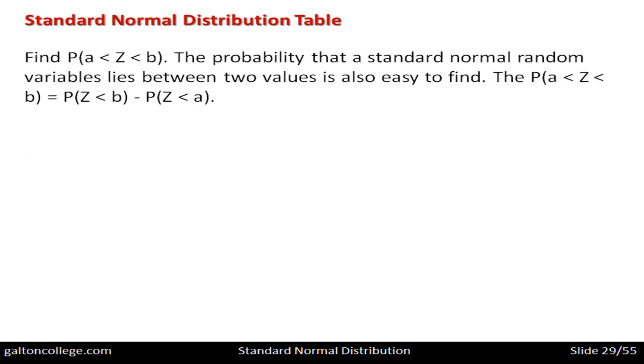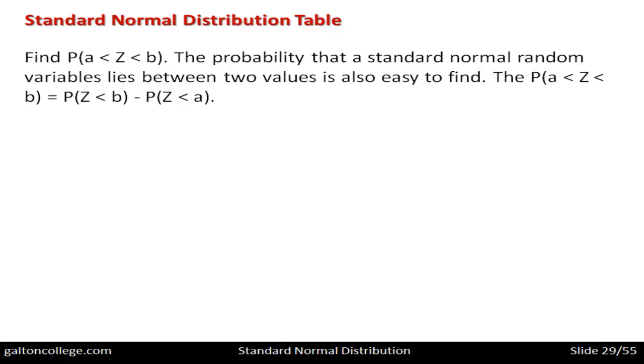Find the probability that a is less than Z, which is less than b. Now the probability that a standard normal random variable lies between two values is also easy to find. The probability that a is less than Z is less than b is equal to the probability that Z is less than b, minus the probability that Z is less than a.